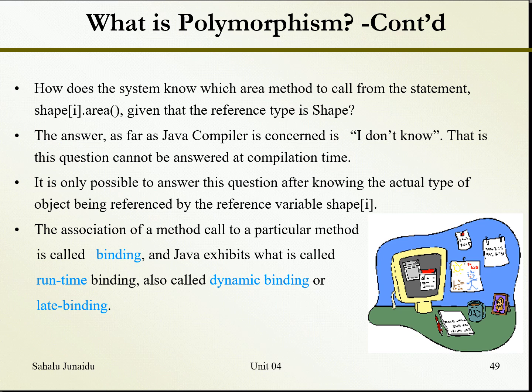Whenever we say binding, we mean the association of a method call to a particular method. So meaning that I have a method area, and I have a call to area. At what point will I associate which of the methods I am appropriately calling? It's not at compile time, but at running time.